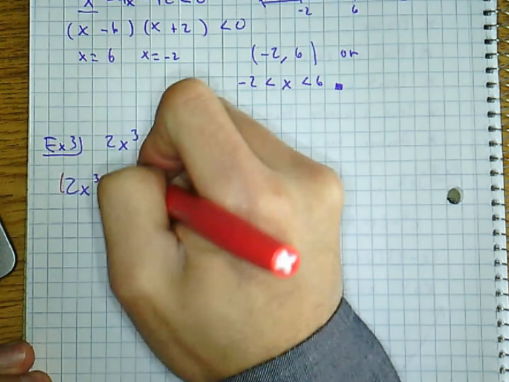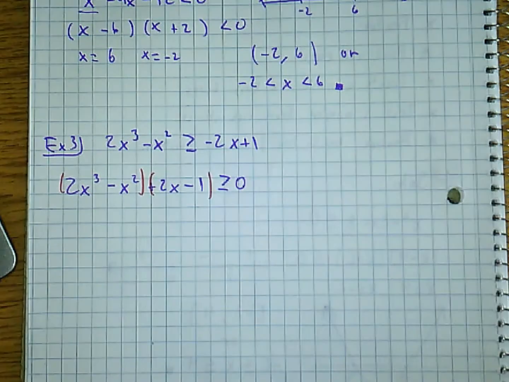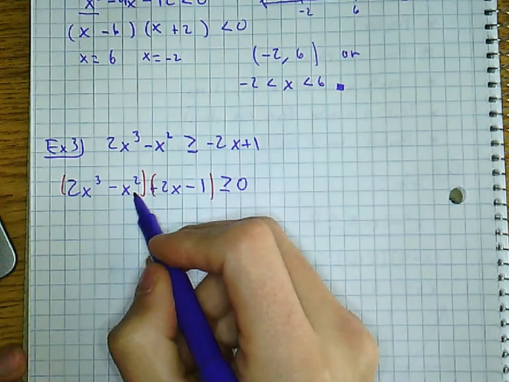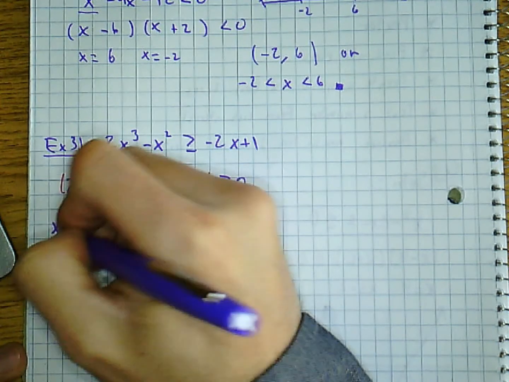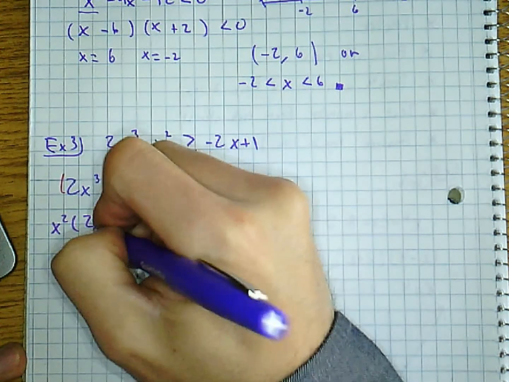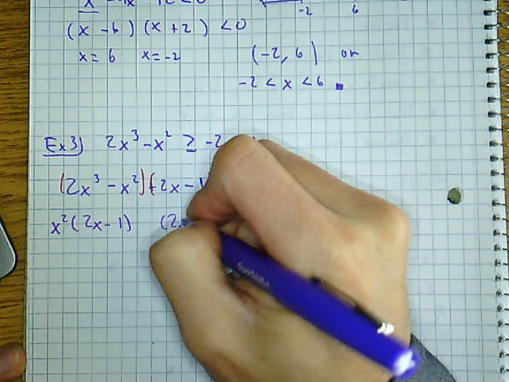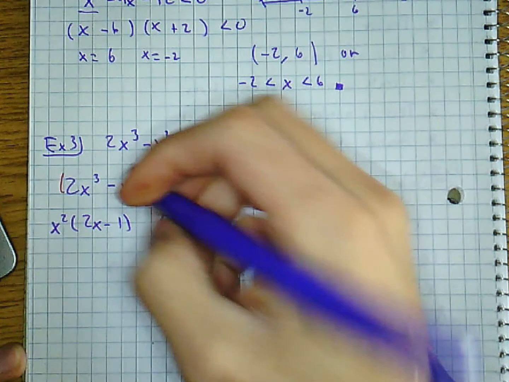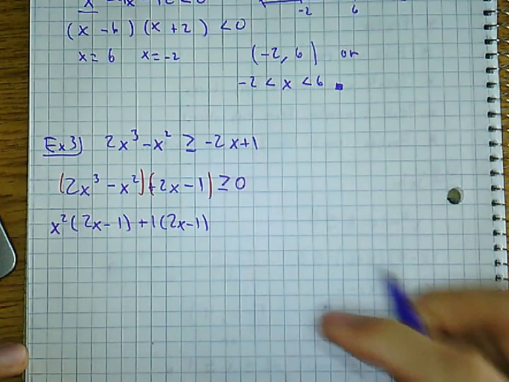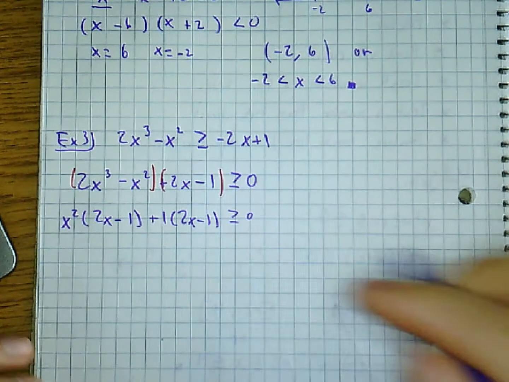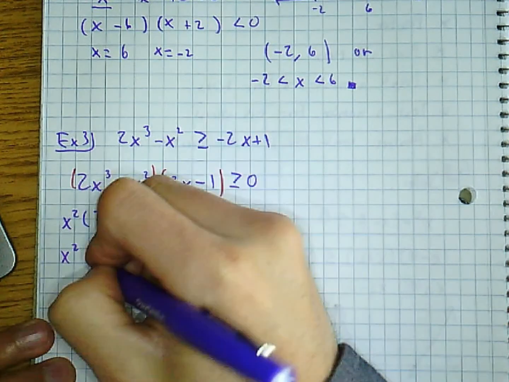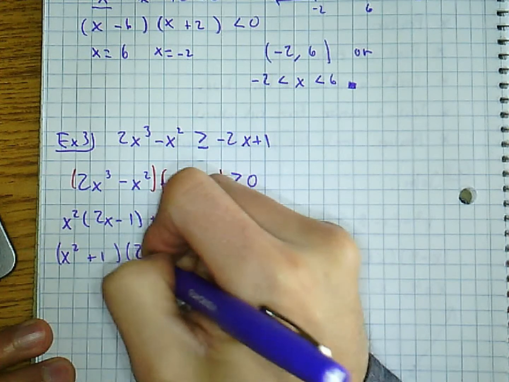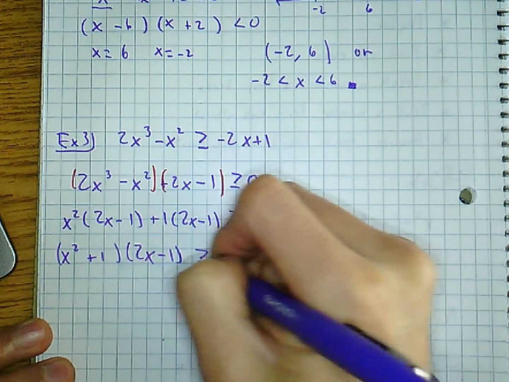So we're going to group that and that. From the first grouping, I can take out an x squared, which would leave me with a 2x minus 1. From the second, I can factor out a positive 1. Therefore, this factors out to become x squared plus 1 times 2x minus 1, which is greater than or equal to 0.